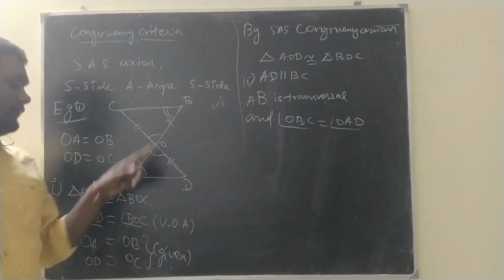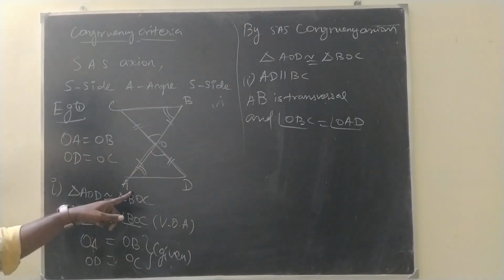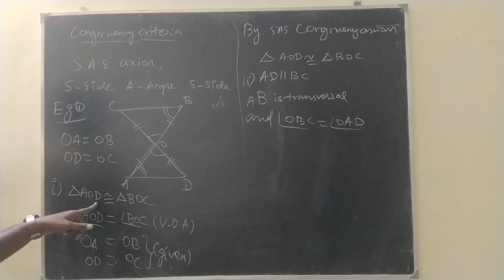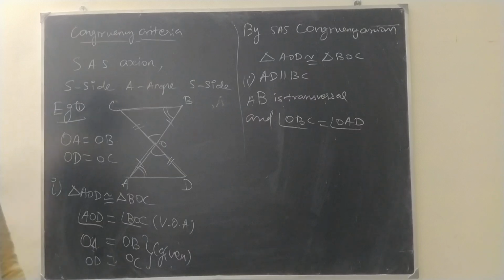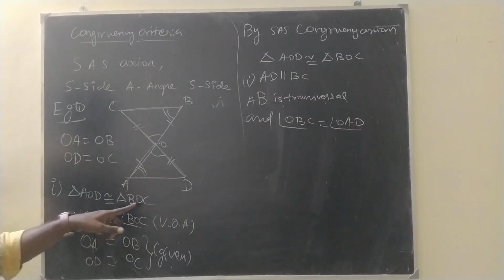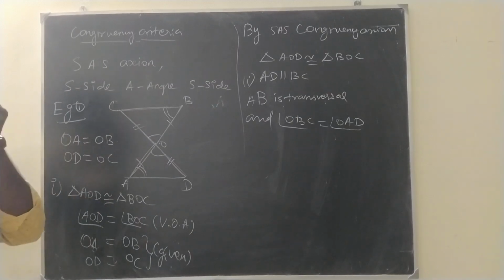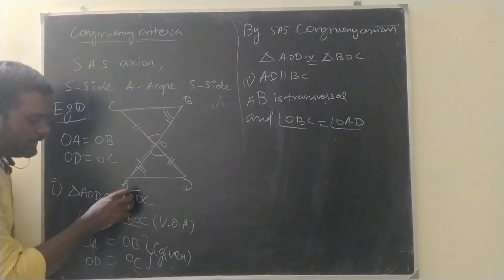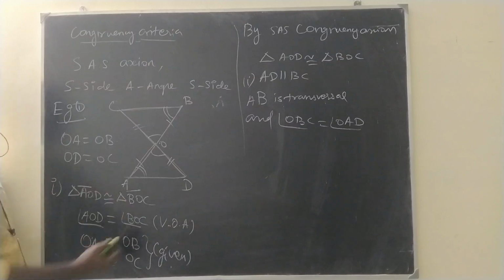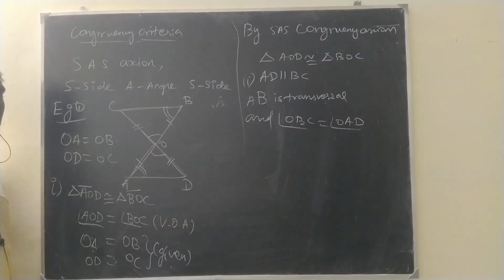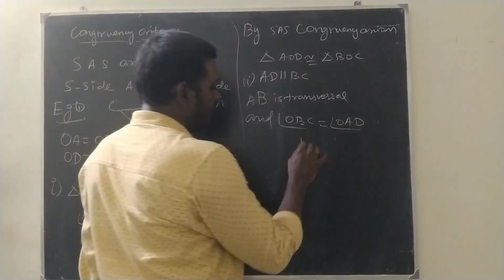Is it or not? When we say OBC, this angle B is equal to angle D. OBC means OBC is equal to OAD. Is it or not? The same direction. OBC, then OAD. Okay. So that angles are equal by CPCT.